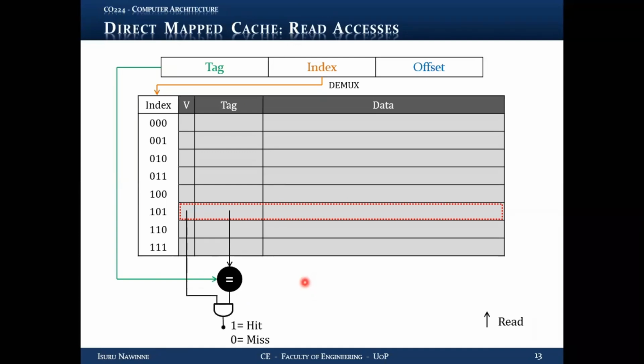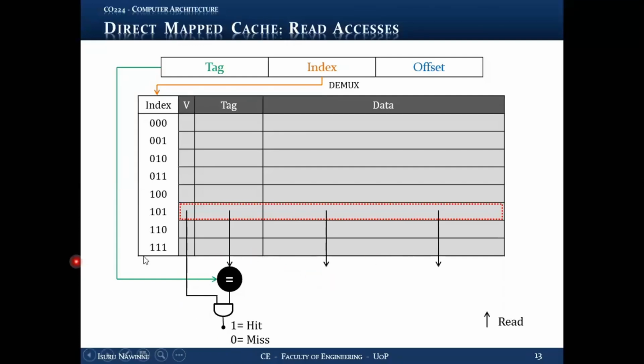Then we have to make sure the entry is valid before determining that this access is a hit in the cache. So we take the valid bit and the output of the comparator circuit. If the compare match is true as well as the valid bit is true, then we have a hit. Otherwise, we have a miss, and then we have to go to the memory.